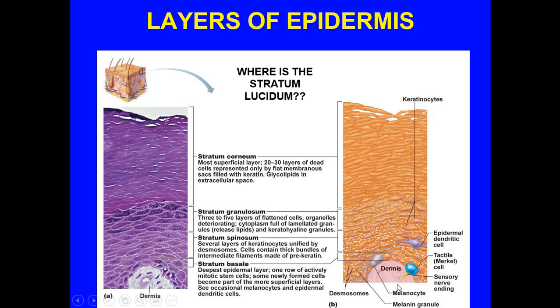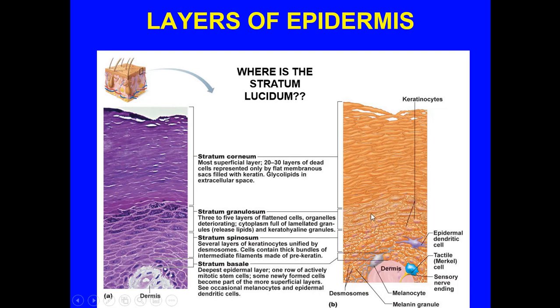If you follow through these, the basale is the site where you're going to have the epidermal layer that's going to have one row of actively mitotic stem cells. And these cells are going to develop and continue to keep building up. You're going to have several layers of keratinocytes when you get into the spinosum. They're all going to be unified by desmosomes. The cells contain thick bundles of intermediate filaments made of pre-keratin.